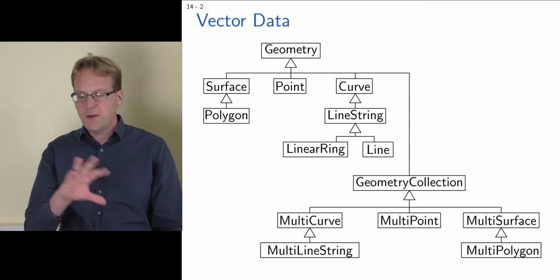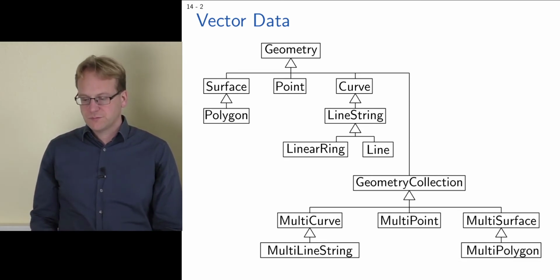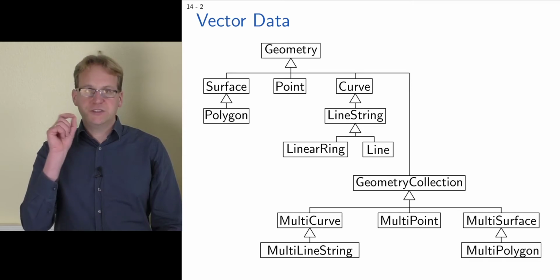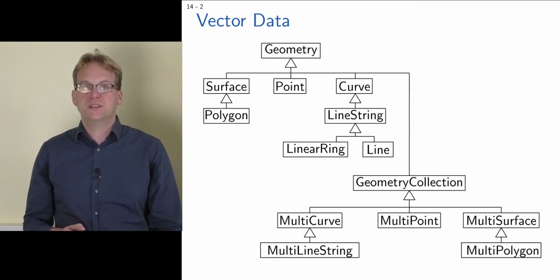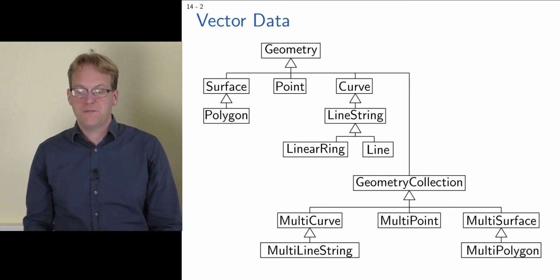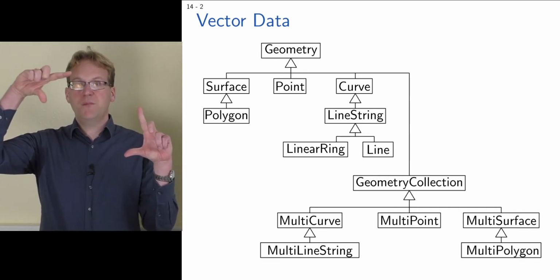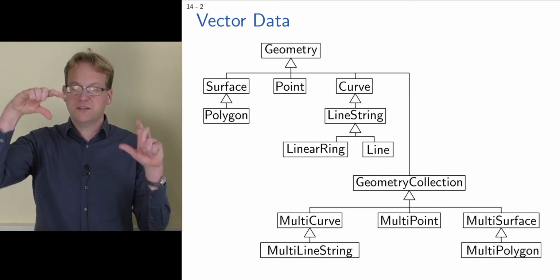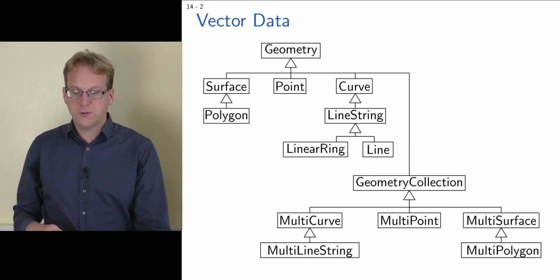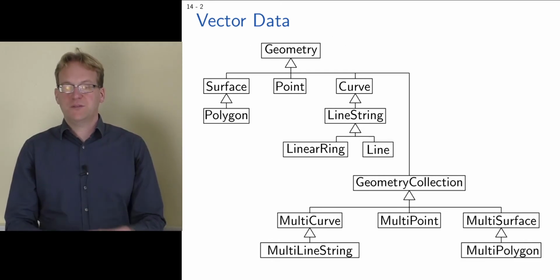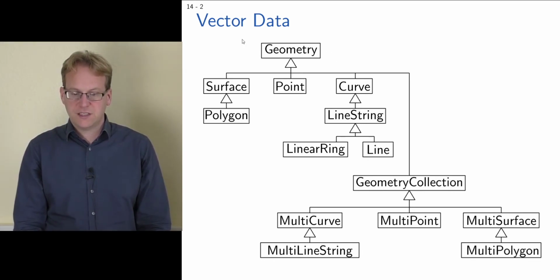For example, no matter which type of geometry you have, you can compute a centroid, the center of gravity. Or you can compute a bounding box, a minimum enclosing rectangle that you can compute for any type of geometry. And these properties shared by every type of geometry are defined in this class here, geometry.